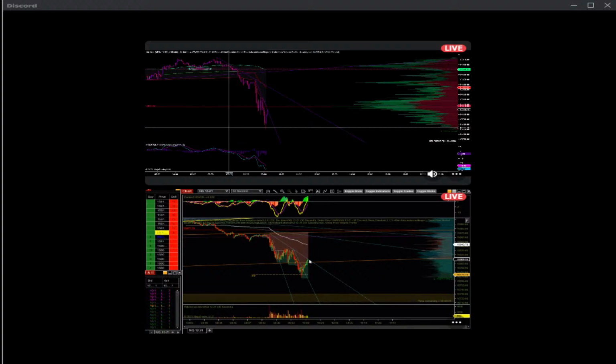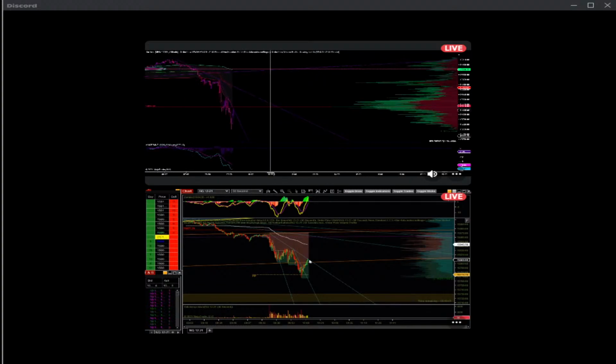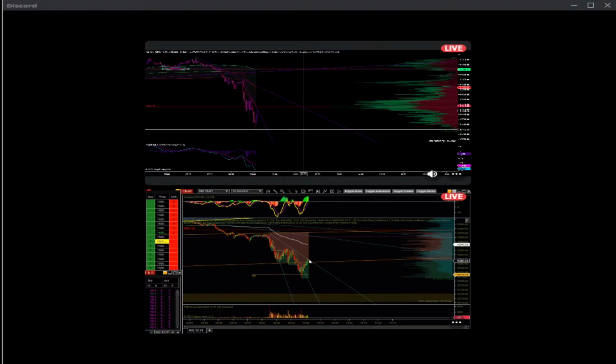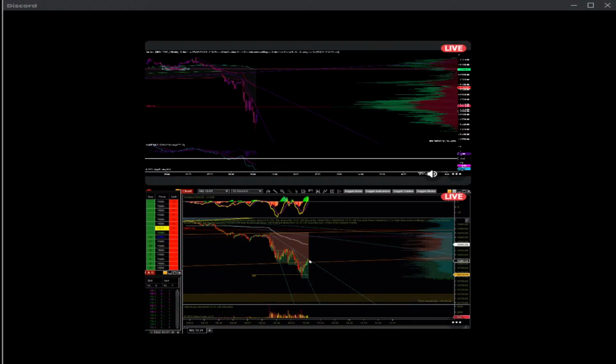Let's see. If you guys want to be safer, you can wait for the break and then the retest and continuation up. Or if you want to be even more patient, you can look at this as the neck from the head and go all the way to the neck, and then play the right shoulder here if this is the inverse head and shoulders.